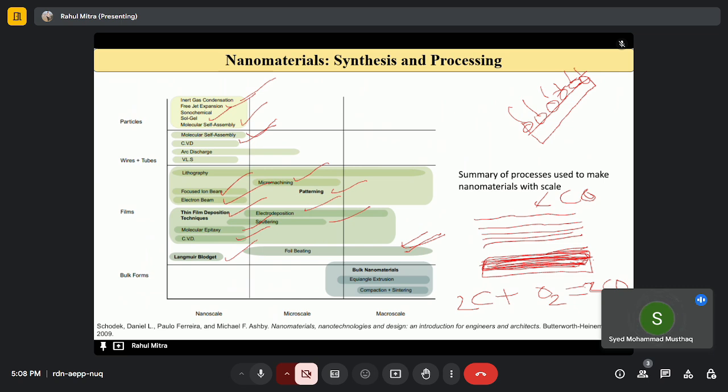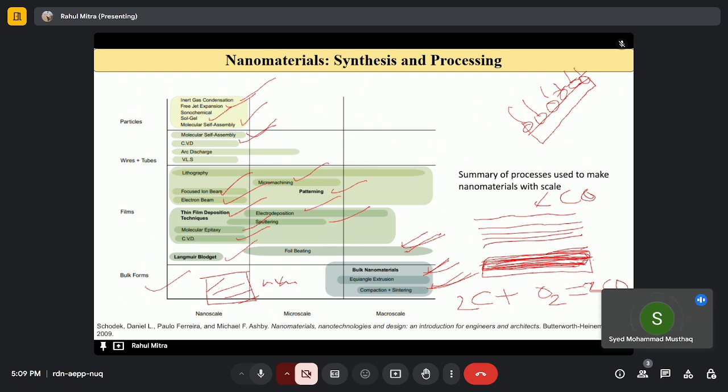And finally we have to form the bulk forms. Again, the material is not in 3 dimensions, but its characteristics are nanodimensional. So one is the equal angle extrusion, another is the compaction and sintering, because we have powder particles with size falling into the nano regime.